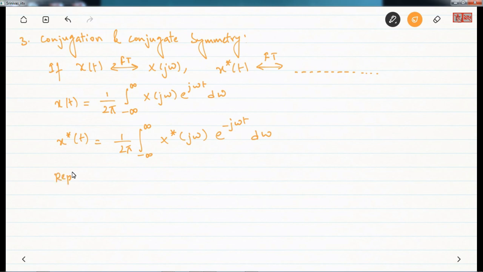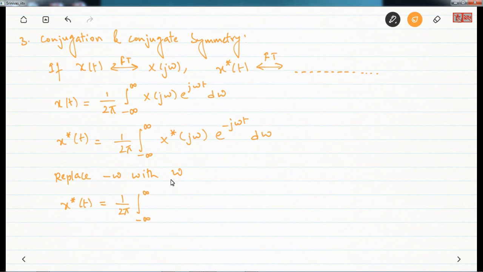So replace minus omega with positive omega. If I do this, what happens is 1 by 2 pi, and this integral, instead of minus infinity to plus infinity, becomes infinity to minus infinity. But both are the same, right?